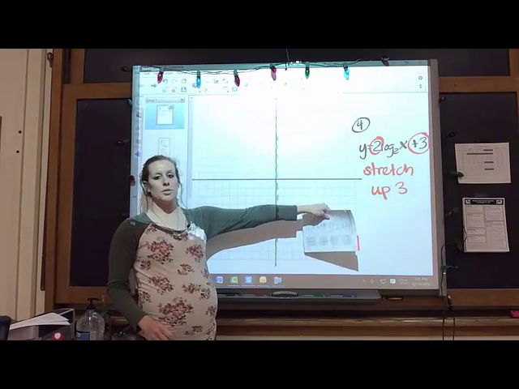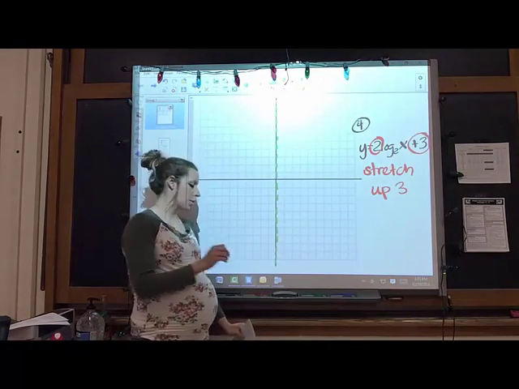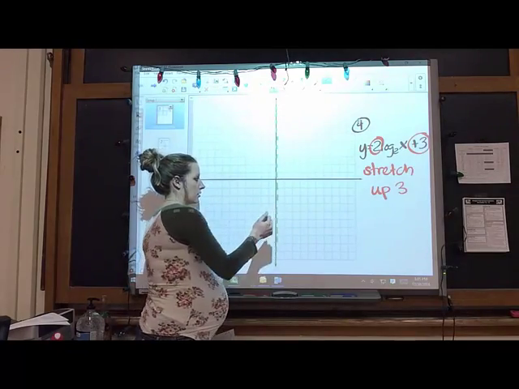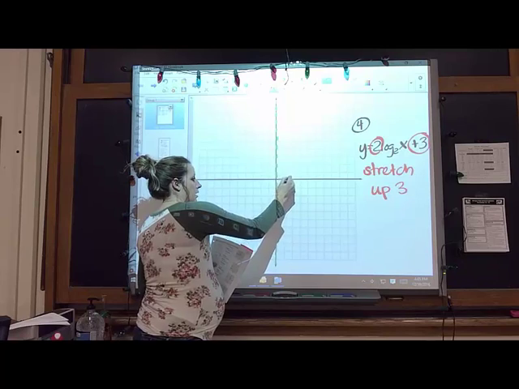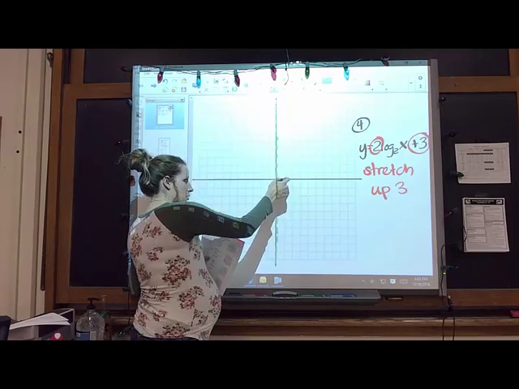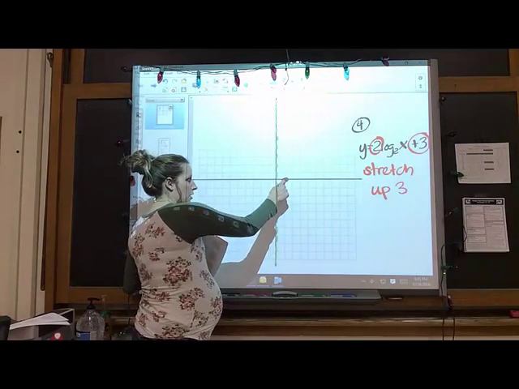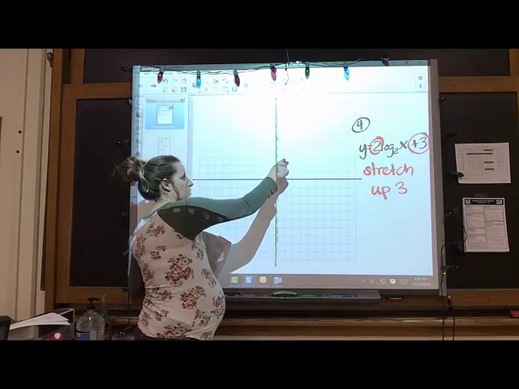The part that's going to move up 3 is that point that's normally at 1, 0. Like I said, you can look at the front page of your notes if you forget. The point that's normally here at 1, 0, we're going to move that up 3. 1, 2, 3.